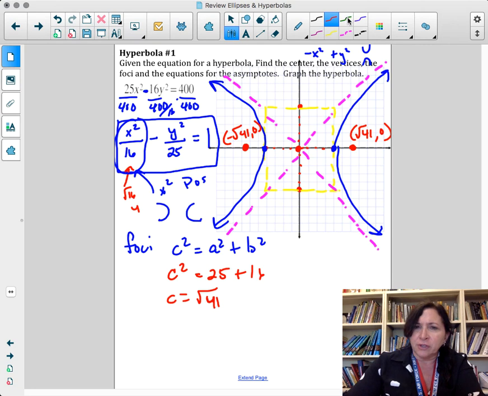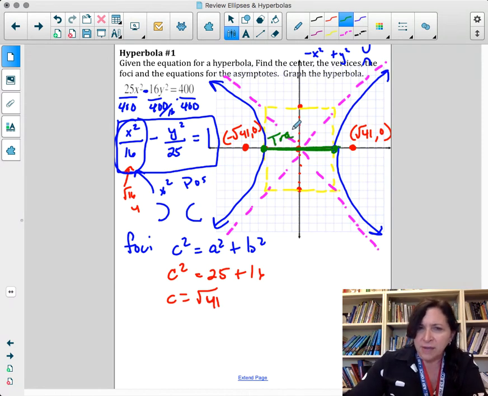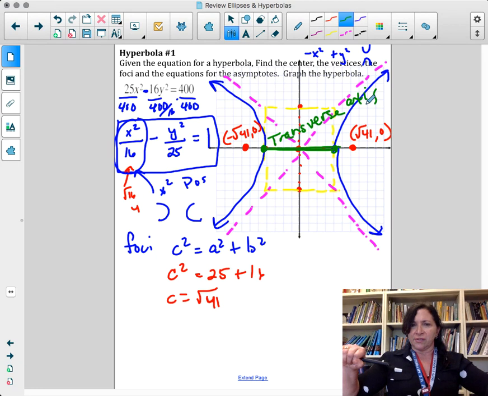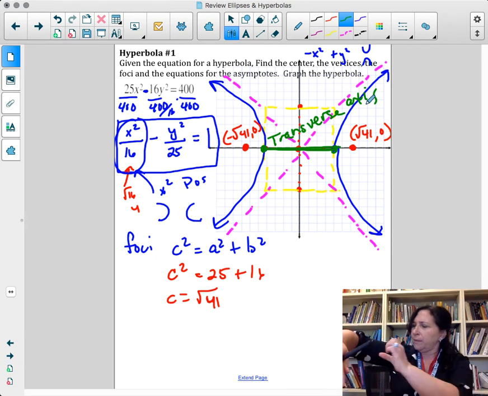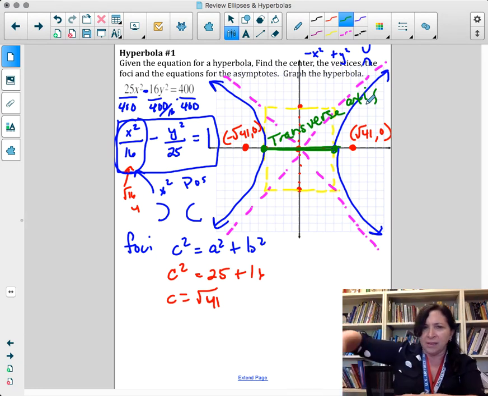Additionally, there are a couple of terms that you should know. The segment that connects my vertices from here to here is what we call the transverse axis. That actually connects the vertices. Remember, the focal points always have to be inside the arc.